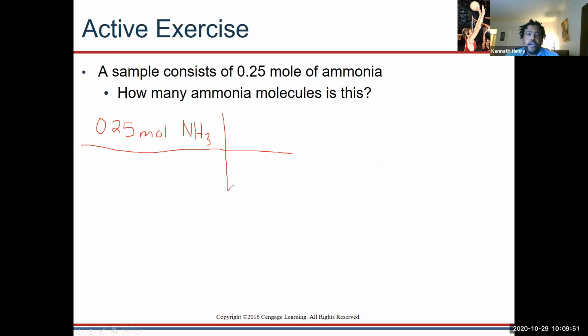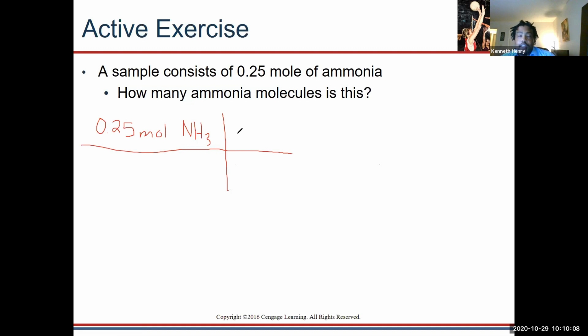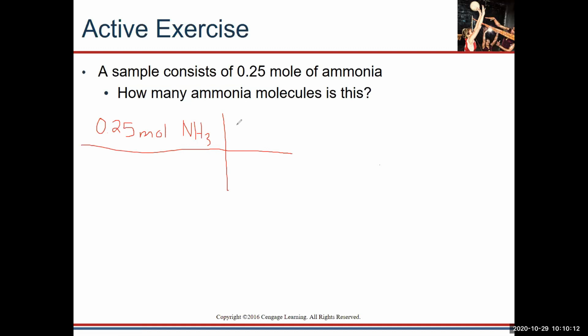Okay, so if I have 0.25 moles of ammonia, what am I going to use to calculate the number of molecules of ammonia? Mole. 6.022 times 10 to the 23rd. Okay, so on top or on the bottom? You would have 1 mole on the bottom, right? And then 6.022 on top. That's right.